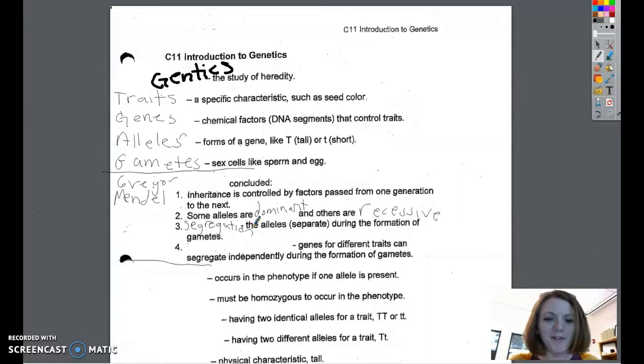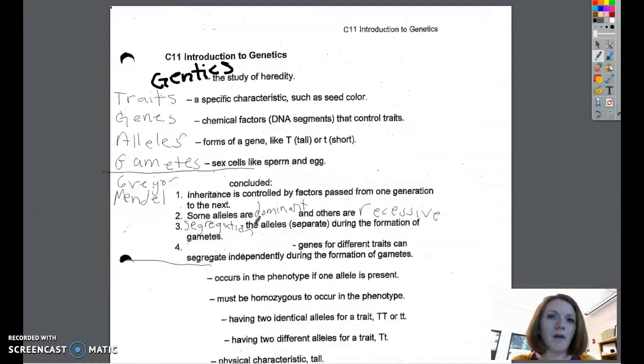All right, and the 4th thing that he concluded with his genetic study with pea plants is independent assortment. The genes that form the different traits are going to go independently, no rhyme or reason, as to where maybe the blue eye gene that mom's going to pass on is going to go to one egg cell, as to where maybe the hazel eye gene is going to go to another egg cell.